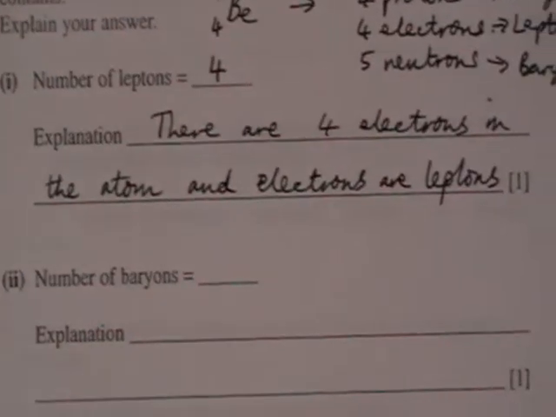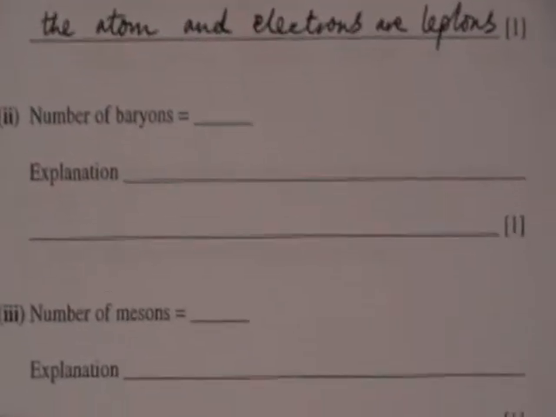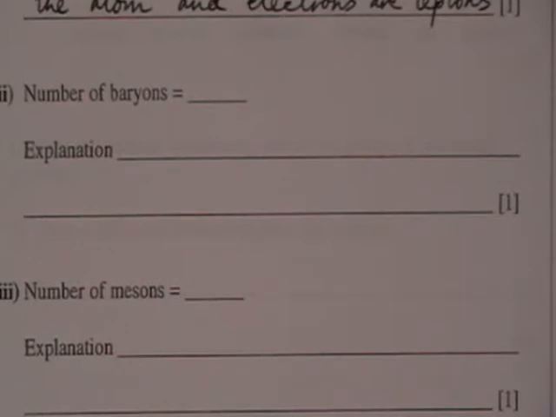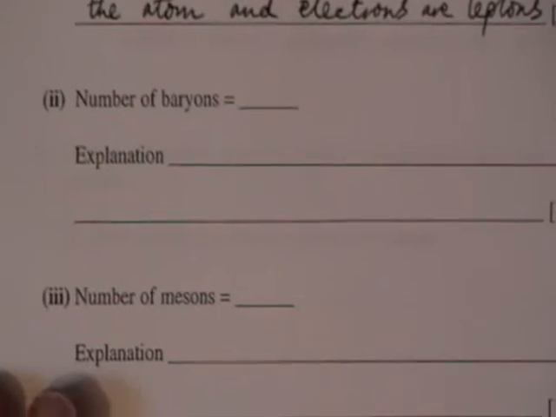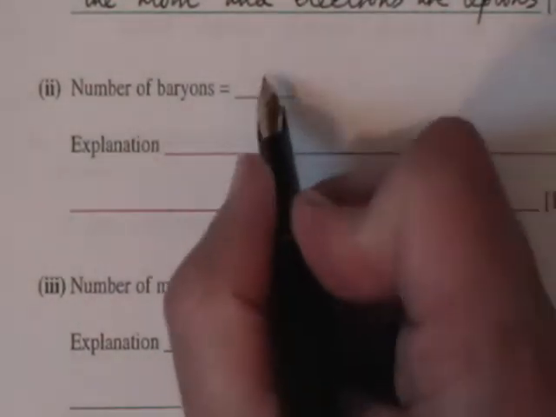The number of baryons then: well, again we had 4 protons, which are baryons, and 5 neutrons, which are baryons. That gives us a total count of 9 baryons.